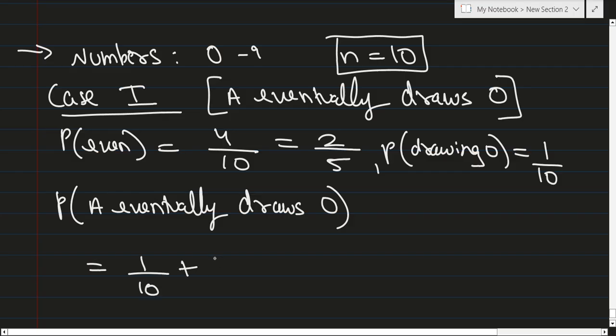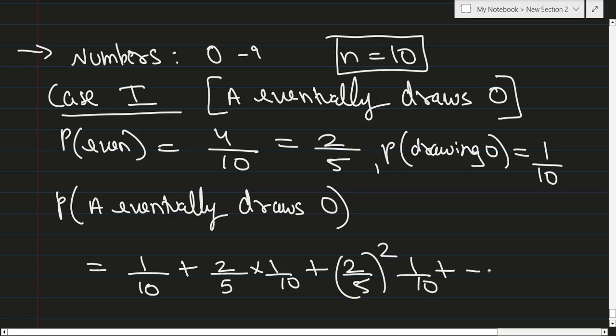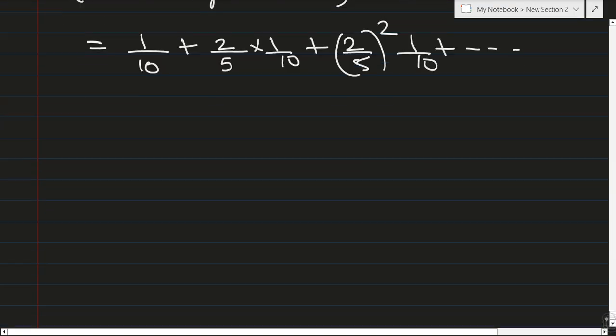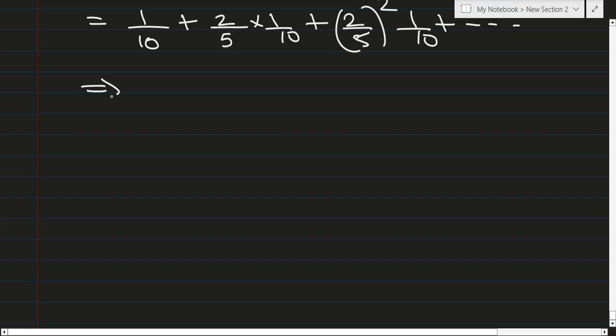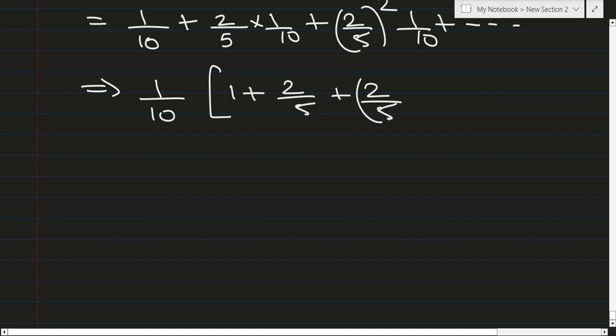Then let us suppose that A can draw 0 in the second attempt, but before that, A draws an even number since A is playing the game. Then maybe A can draw 0 in the third attempt and so on and so on. This would be solving a geometric progression. So we take 1 by 10 common, we get 1 by 10 times 1 plus 2 by 5 plus 2 by 5 whole square and so on.